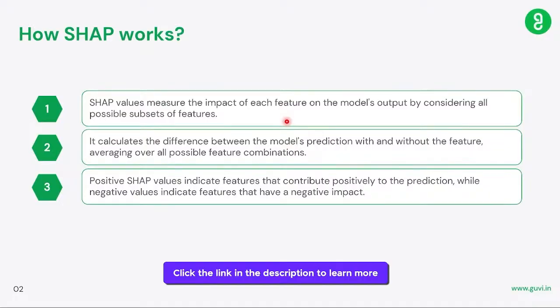for interaction between features. Positive SHAP values indicate that the features contribute positively to the model's predictions, meaning that their presence increases the output of the model. On the other hand, a negative SHAP value suggests the feature has a negative impact on the prediction, leading to a decrease in the model's output.